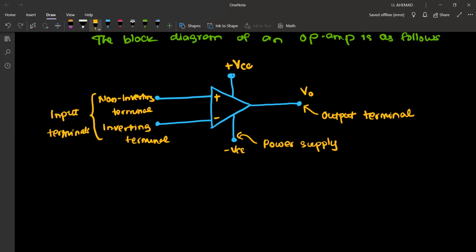We can use this operational amplifier in two modes. We call them open loop or closed loop.